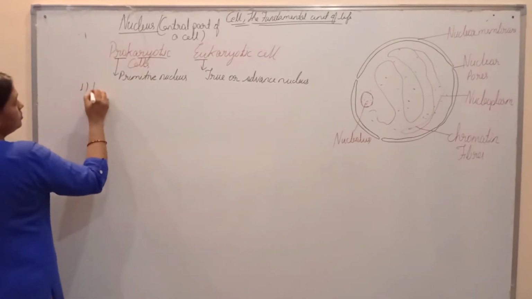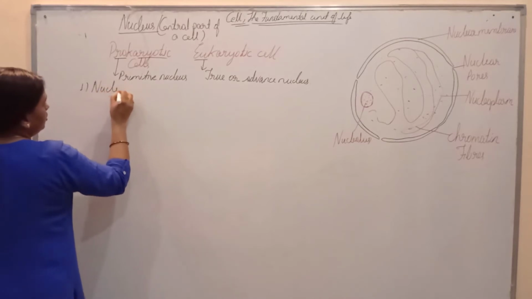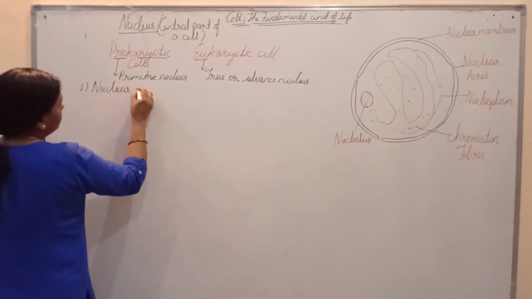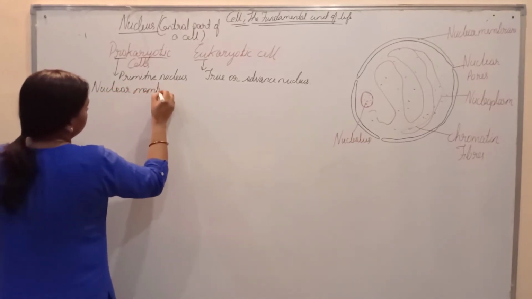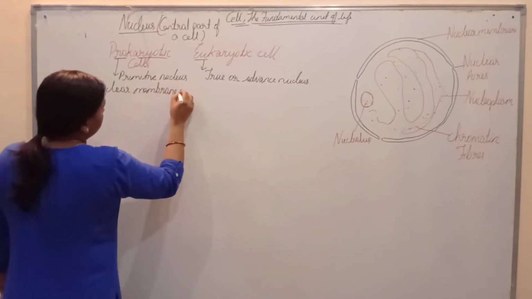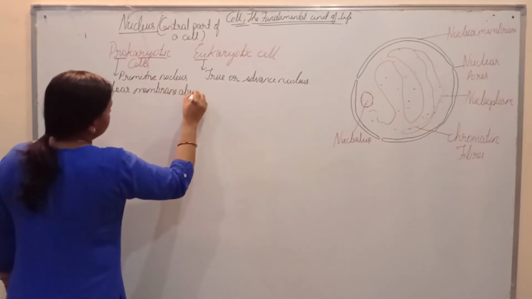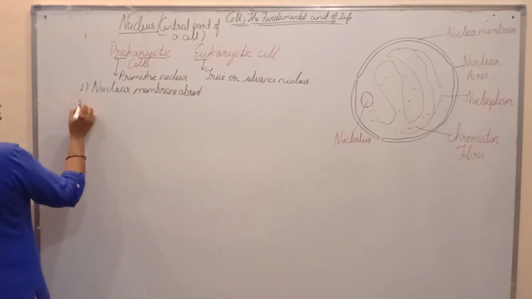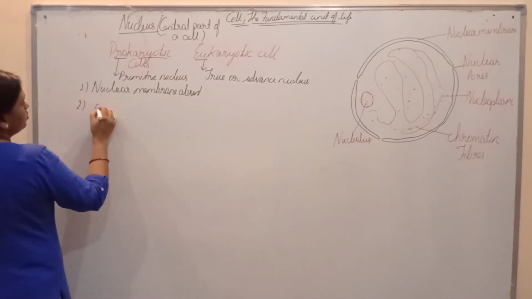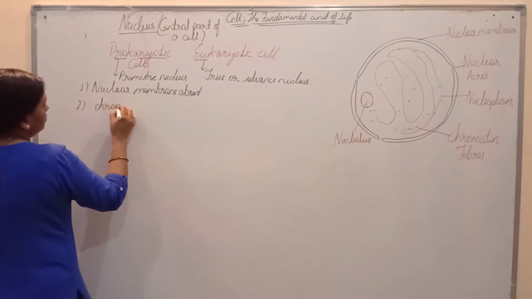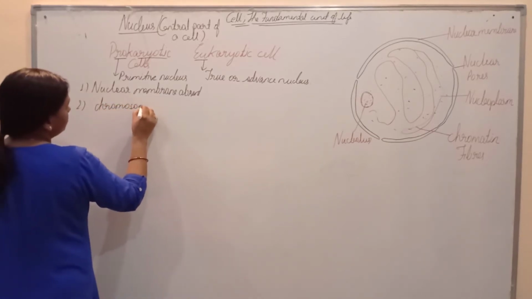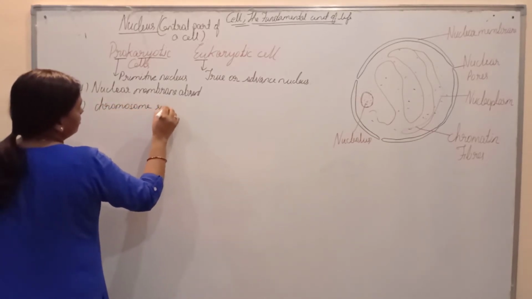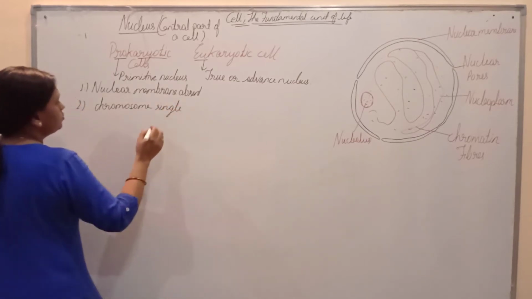Nuclear membrane is absent in the primitive nucleus, and single chromosomes are found here.